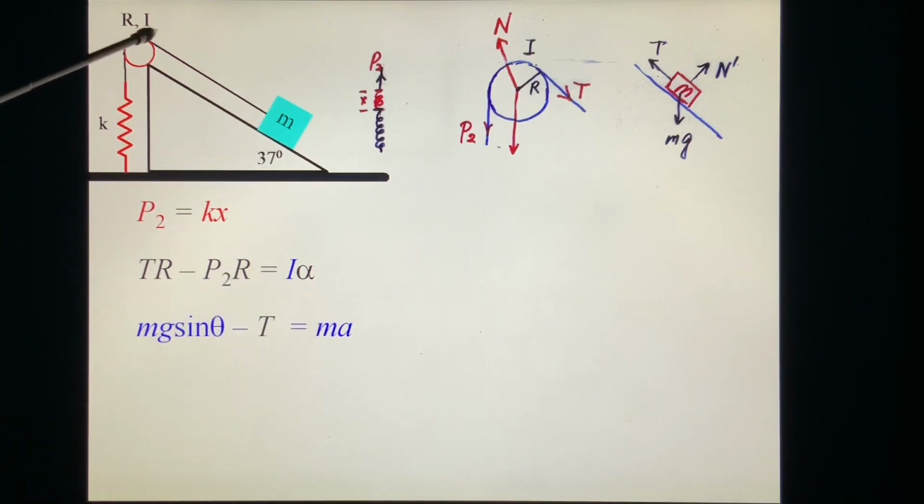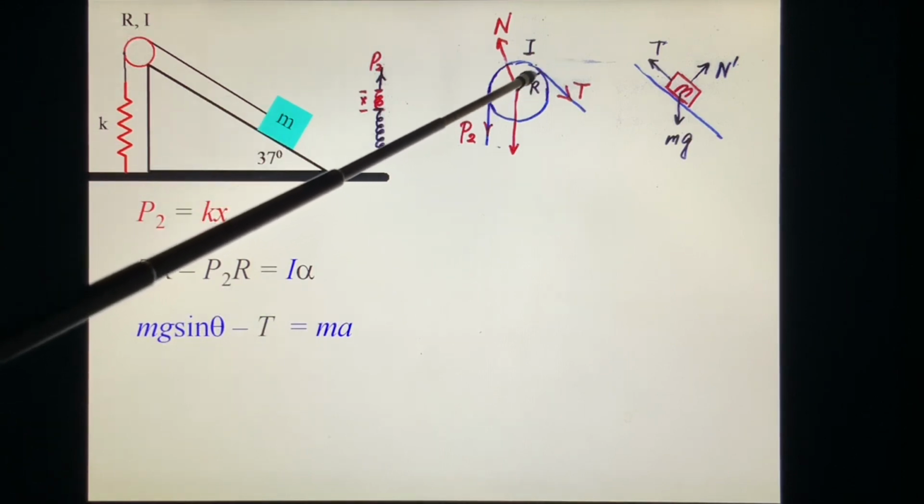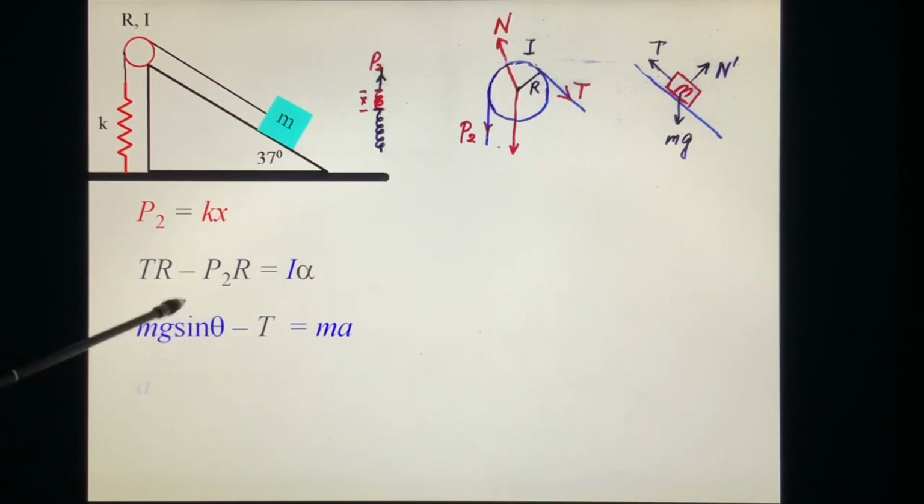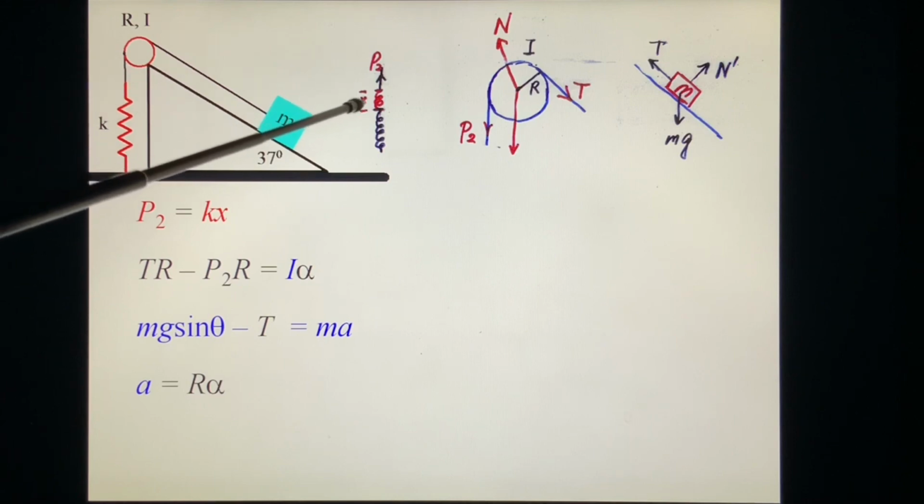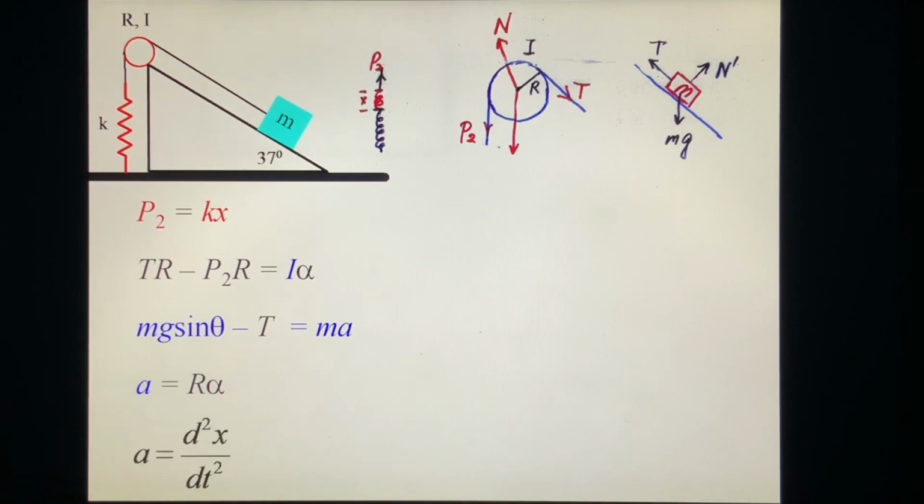This is a, the acceleration of the block, and its relationship with the angular acceleration is a equals r alpha. And one more: this acceleration is related to x, a equals the second derivative of x.